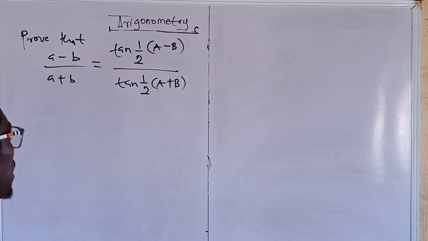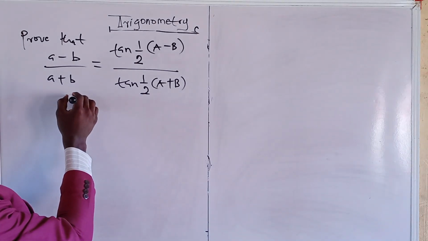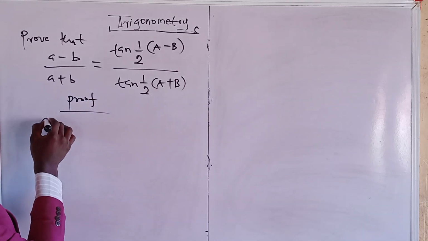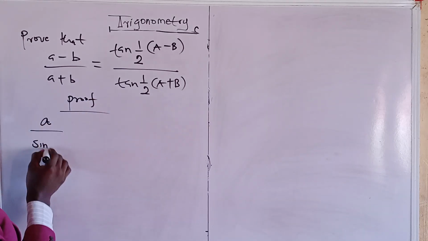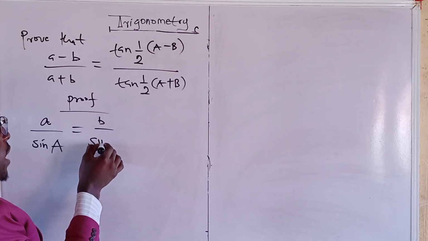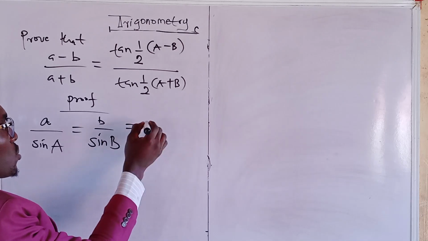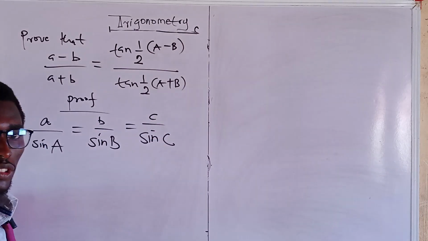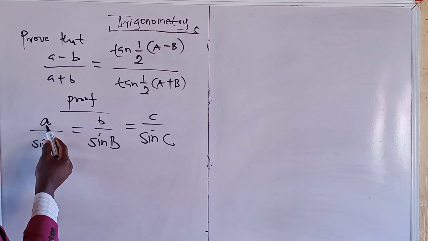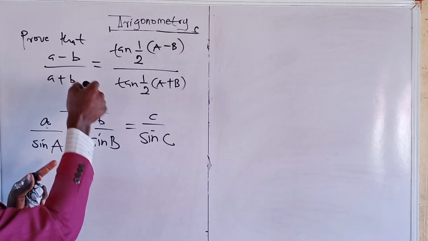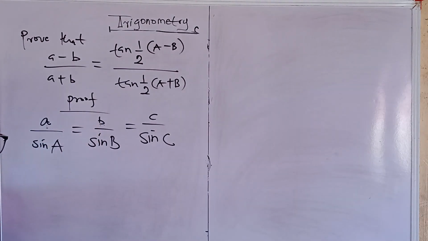Now, you shall recall that the sine rule states that, let's write proof first. The sine rule states that a over sine A is equal to b over sine B, and this is equal to c over sine C. Record this. Now, if you observe carefully, this lowercase a, which is the side or length, is already appearing in our system of things.